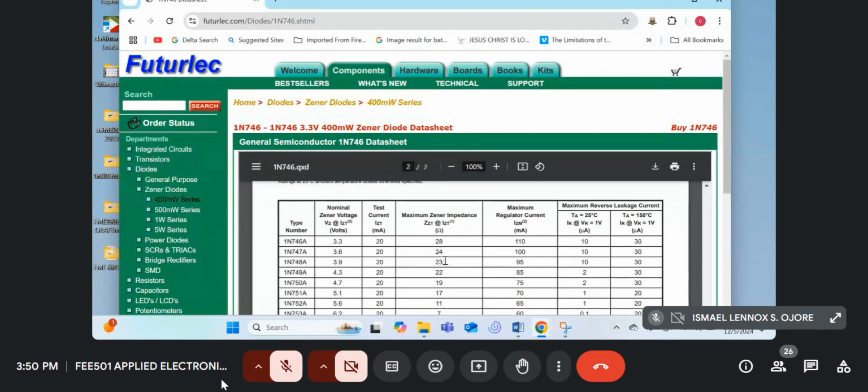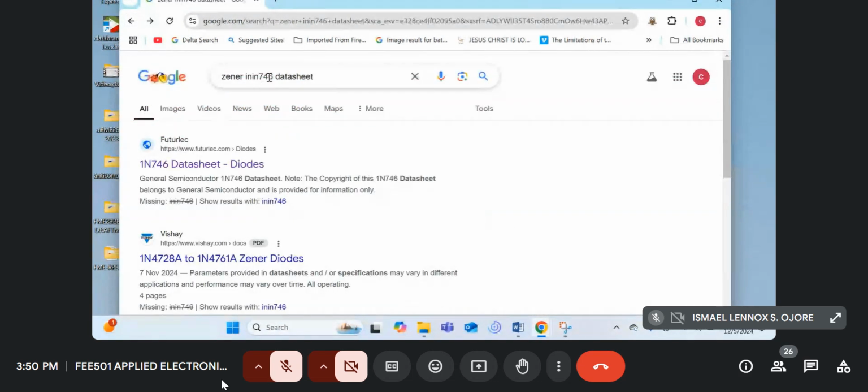Can you see the beauty of the dynamic resistances? IN746, and it's a 3.3 volts, 400 milliwatts. Okay, which are the Zeners? We got only two Zeners.